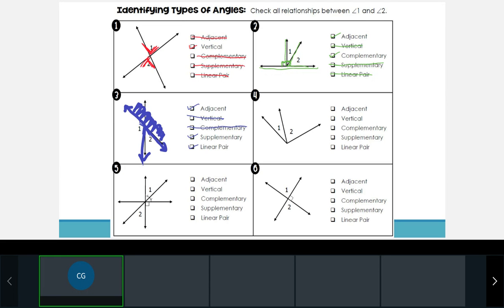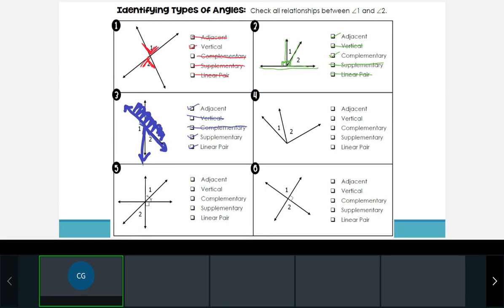All right, I'm going to let you do number 1. Now, I'll tell you there's just one answer. Number 4. I'm going to let you do number 4. There's just one answer for number 4. What do you think? Are they adjacent, vertical, complementary, supplementary, or a linear pair?